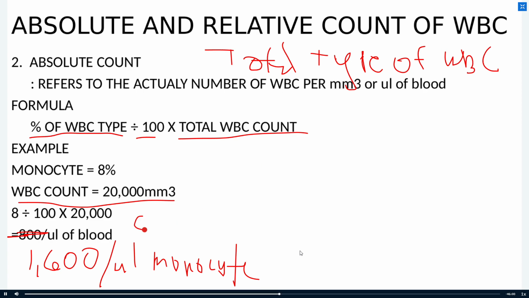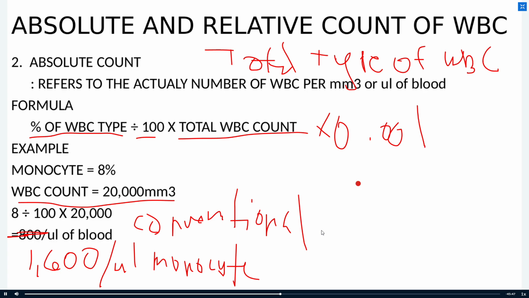That is the conventional. Now, if you want that in SI, say gusto ko siya i-SI, you're going to convert that by multiplying it by 0.001. You would get 1.6 times 10 raised to the 9 per liter. Intindihan? Madali lang siya, class.